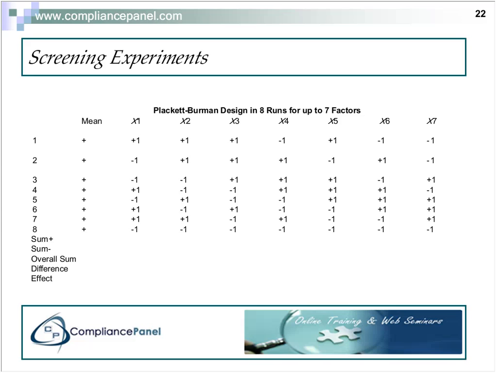So in run 1, which is on the left, variable number 1 will be set at the high level, and variable number 2 is at the high level, and number 3 is at the high level, but variable number 4 we set at the low level, 5 at the high, 6 at the low, and 7 at the low. And then we make a production run, and we measure the output of that production run.